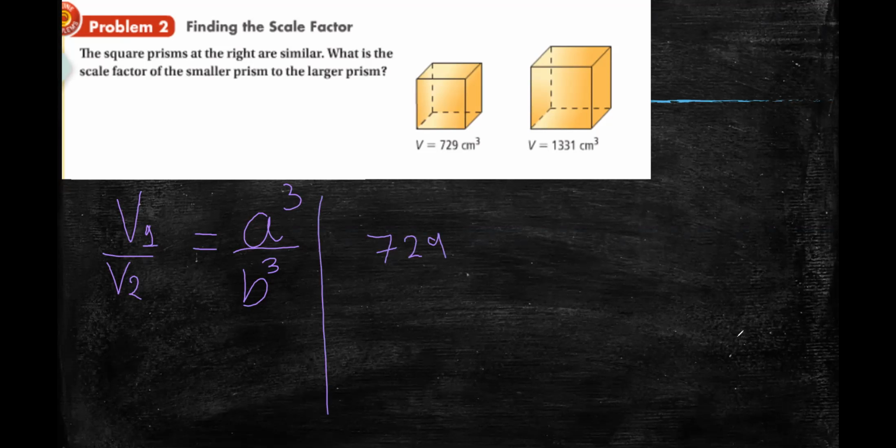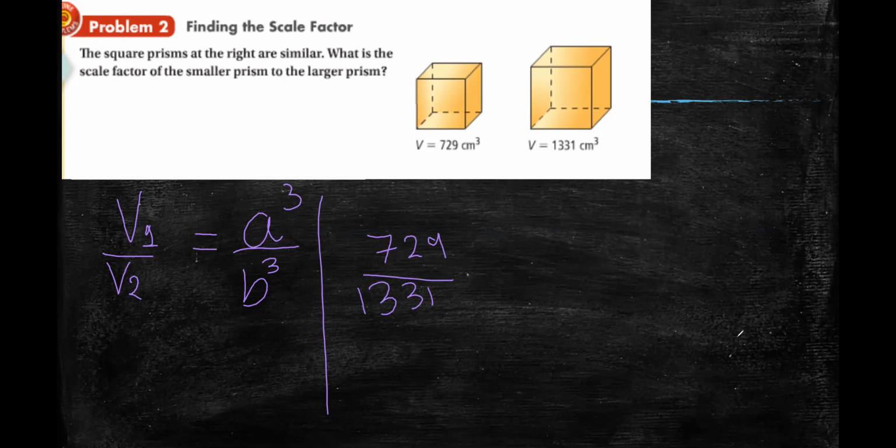So it's 729 over 1331. Let's simplify them, easier for me with the calculator here. If you divide now, it's 9 over 11. 729 over 1331 will be 9 over 11. I got it like that.